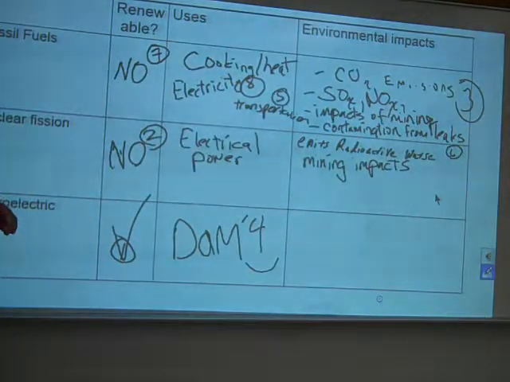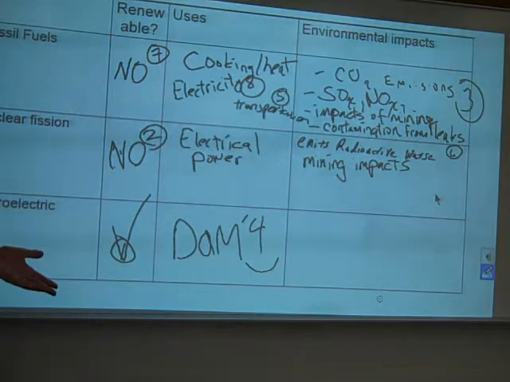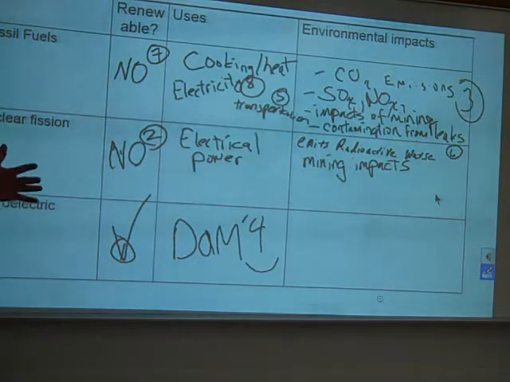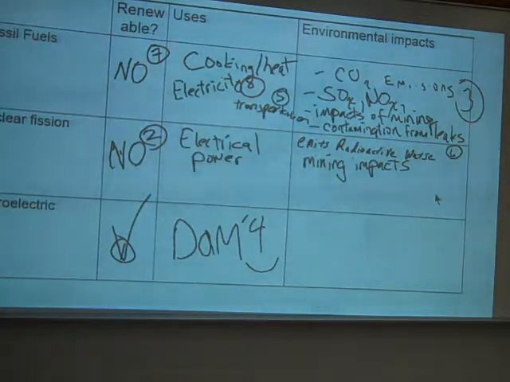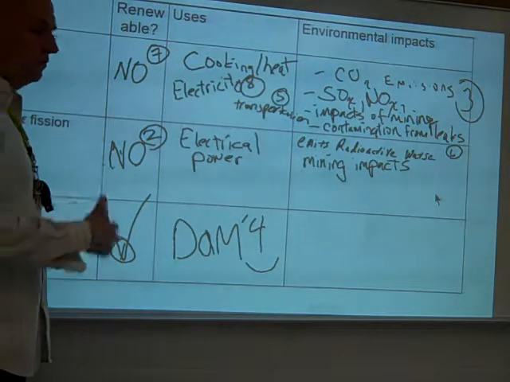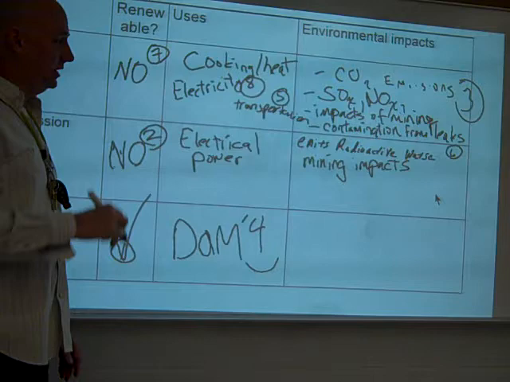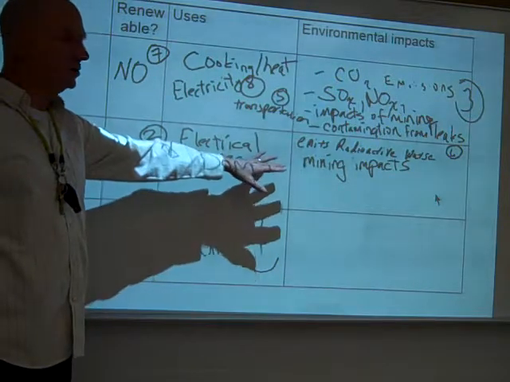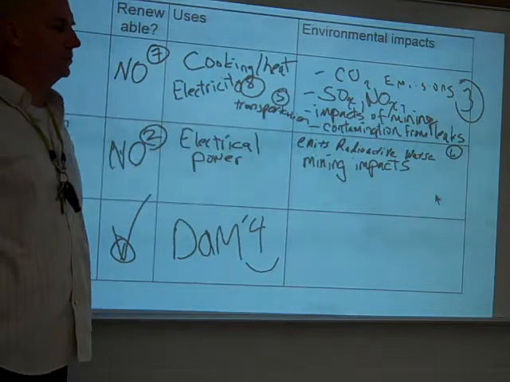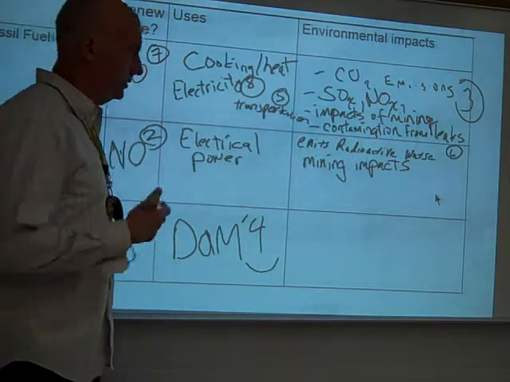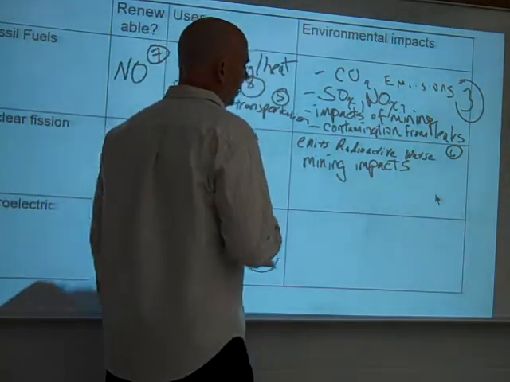We've already learned that when you bring all that stuff up to the surface, the rain washes it out into lakes and ponds and all over the place, or in the air, and it gets spread around by the wind. That's obviously going to be a bad thing, having radioactive material floating around. Once again, you don't need very much of it to run a nuclear power plant, so they don't have to mine a lot of it, but still, that's going to be a big one there.